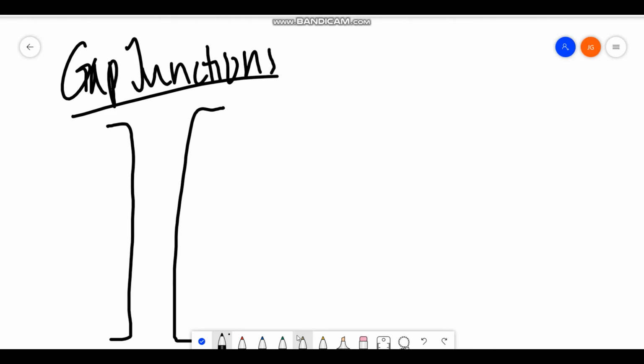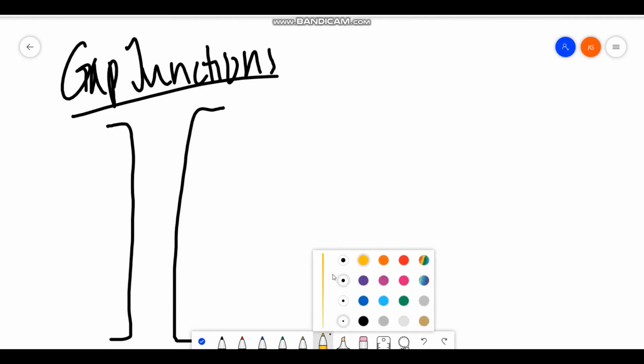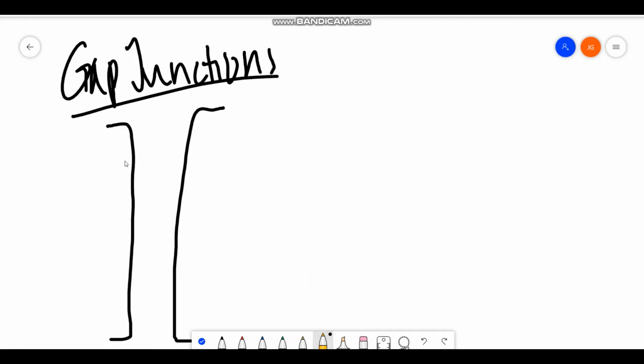I'm going to draw these in orange. You're mainly going to have gap junctions made up of something called a connexin. Let me write that here, a connexin. Your connexins are going to be proteins that form the backbone of this gap junction. So I'm going to draw it here.